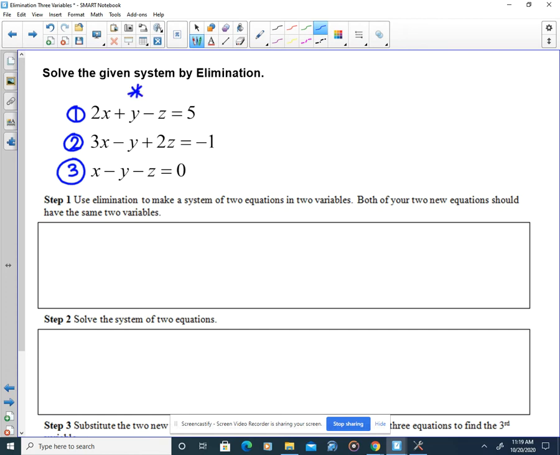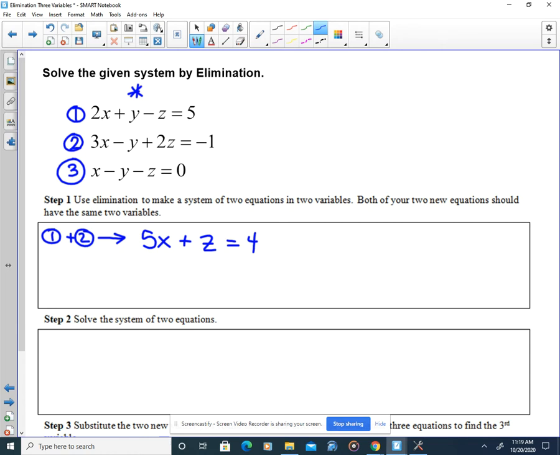Okay? So what I'm going to do is I'm going to take equation 1 and add it to equation 2. So if I take equation 1 and add it to equation 2, I get 5x plus z is equal to 4.